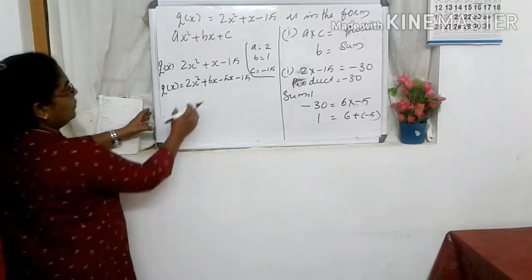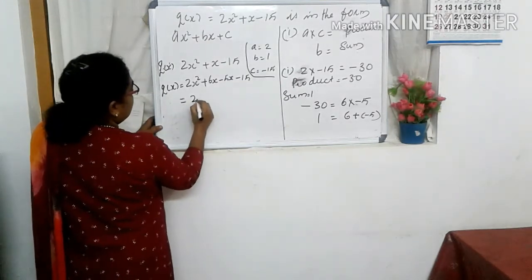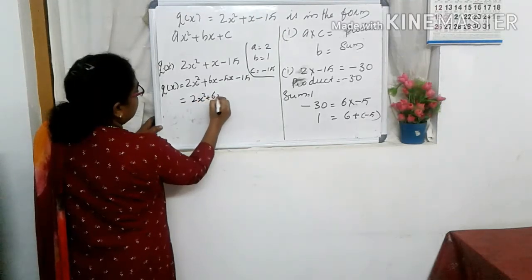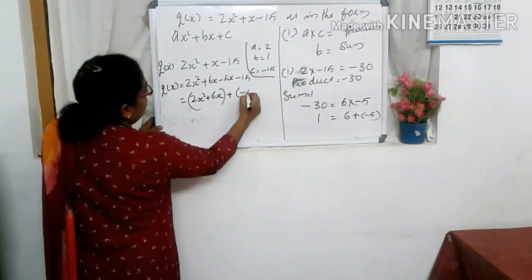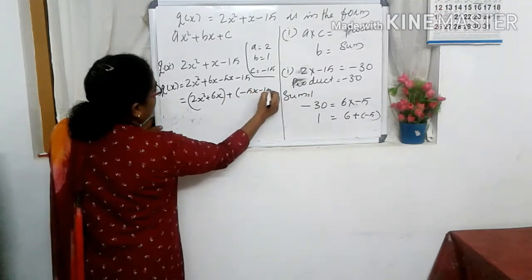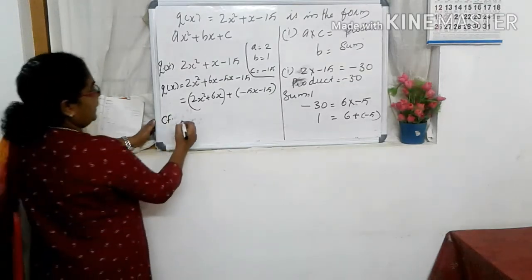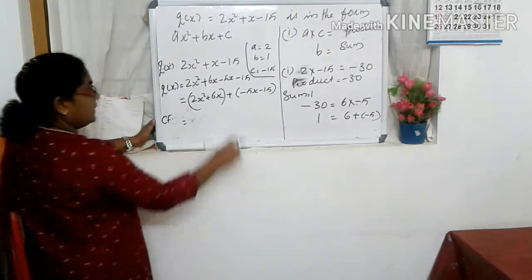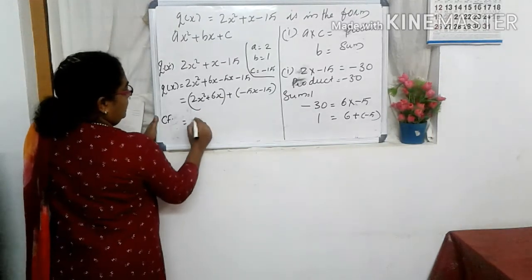Okay. Now we are grouping. These two are in one group, the next two in another group. So 2x square plus 6x is one group, and minus 5x minus 15 is the second group. Now what is next? CF. What is CF? Common factor. From 2x square and 6x, what is common?